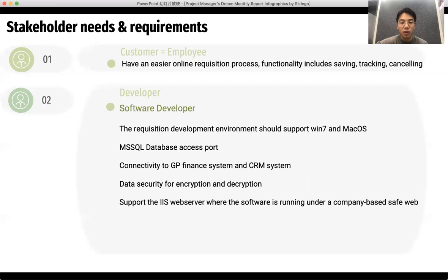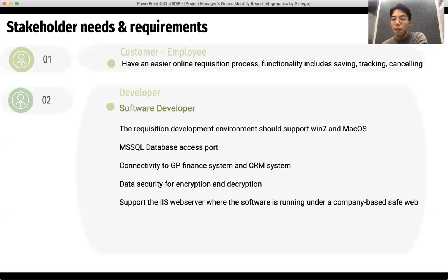The next type of developer is the software developer. The software developers have some needs and requirements, such as the requisition development environment should support a specific operating system, and they have to get data from the MSSQL database through an accessible port.